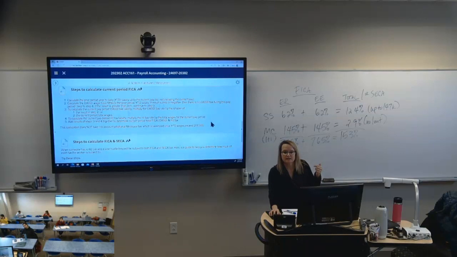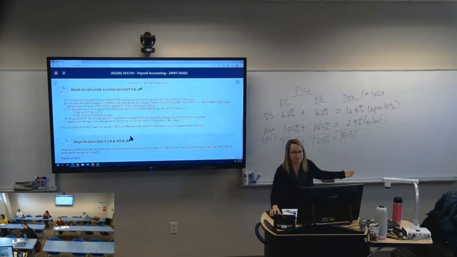If the result is 0 or negative, there is no OASDI tax during this pay period, because that means they've already exceeded the 147. They did it in the last pay period or some prior pay period. That means none of it is going to be subject to Social Security tax, and then skip to step 4. If the result is greater than 0, continue to step 3.